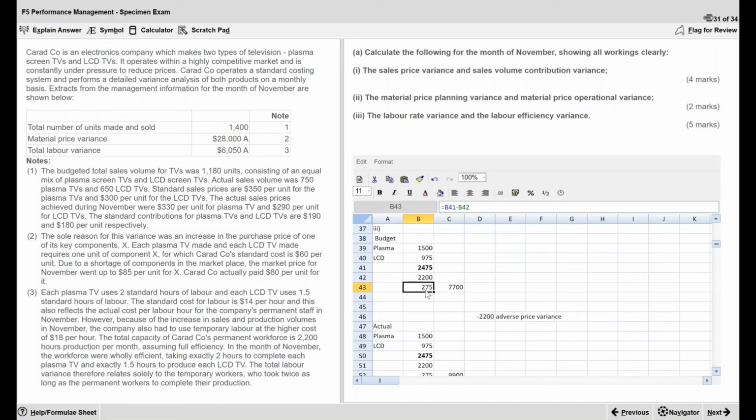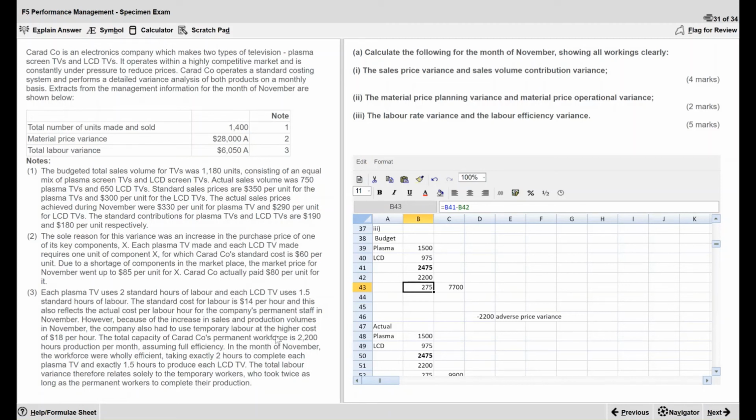That is done in 2 hours by the permanent staff, and this is because the temporary staff take twice as much time, at a higher cost. Let's see where it was mentioned. Standard cost of 15 reflects actual hours because of the sales demand.